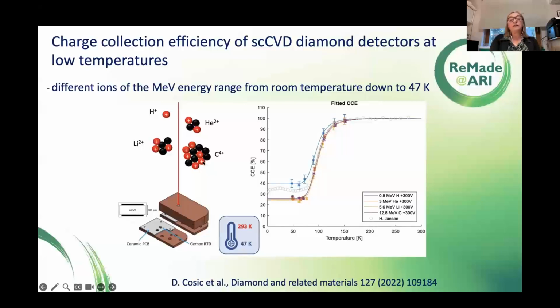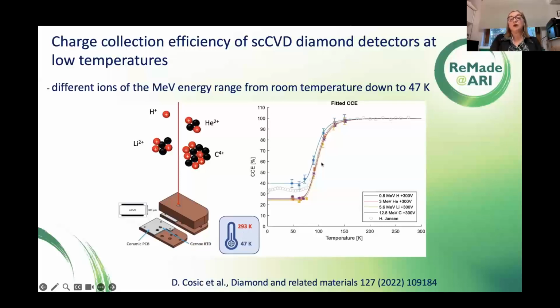And what he has established is that by using different ions and going down with the temperature, you can reduce the charge collection efficiency of your detector, meaning your detector will not work as well as at high or normal temperature, because you expect that a normally working detector has a charge collection efficiency of around 100%.